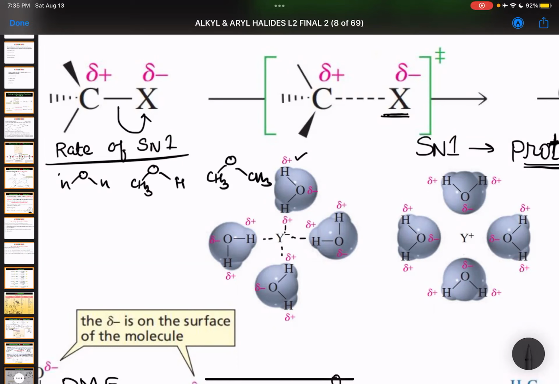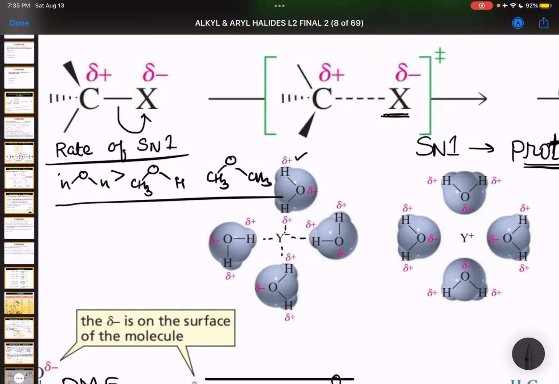How will the rate of SN1 be affected in these three solvents? You have kept the leaving group and everything else the same, the substrate the same, but how will the rate change if you change the solvent?